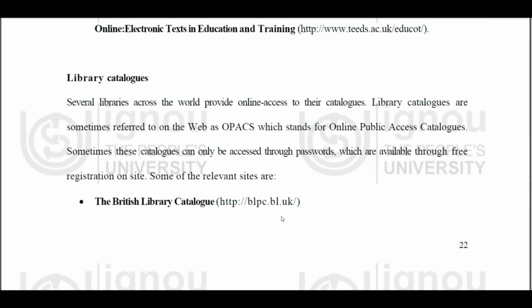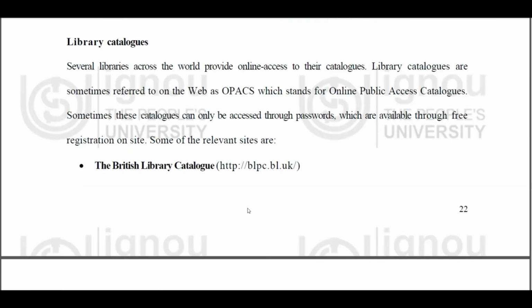Libraries and library catalogs. Several libraries across the world provide online access to their catalogs. Library catalogs are sometimes referred to on the web as OPACs, which stands for Online Public Access Catalogs. Sometimes these catalogs can only be accessed through passwords, which are available through free registration on the sites.